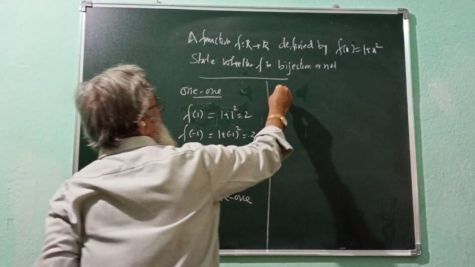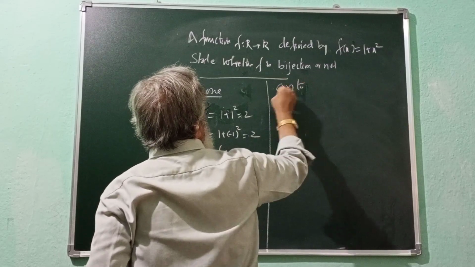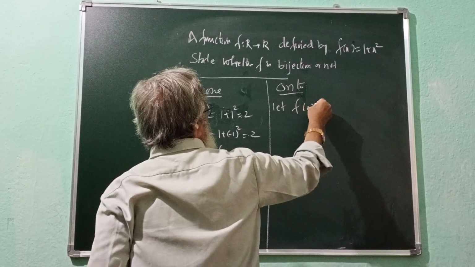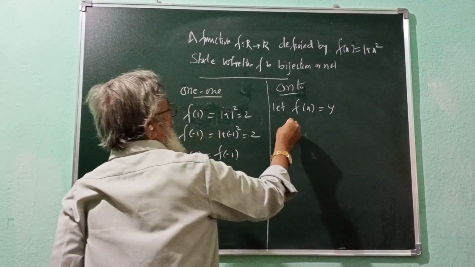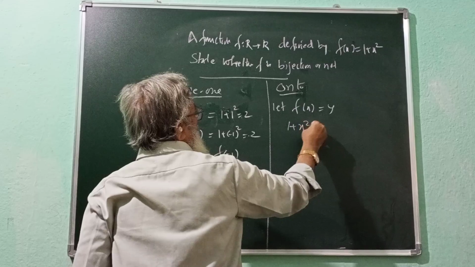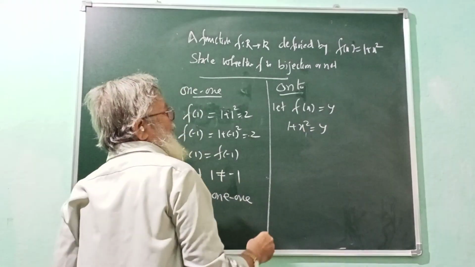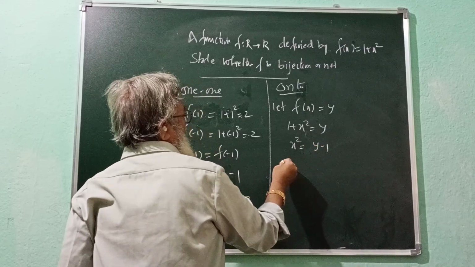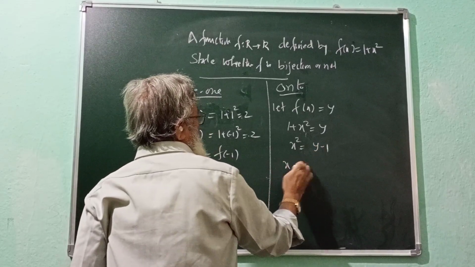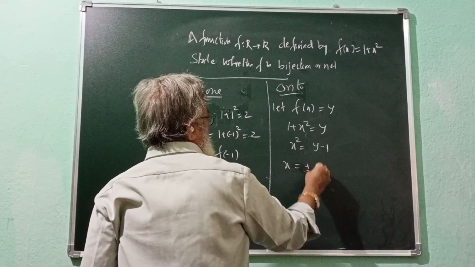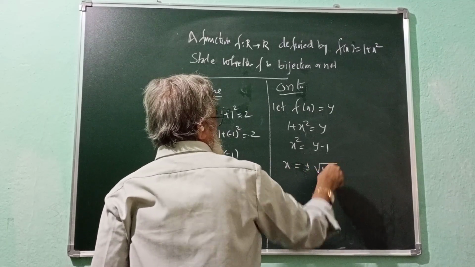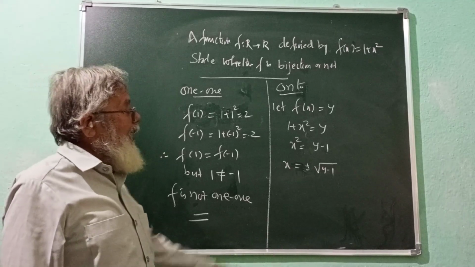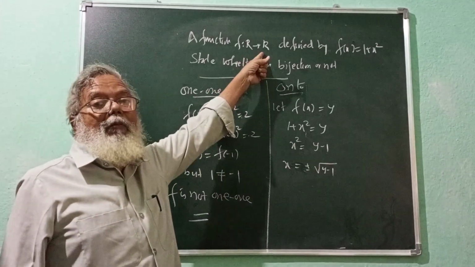Now for onto function, let f(x) = y. Now substitute the value of f(x): 1 + x² = y, or x² = y - 1, or x = ±√(y - 1). Now at this point we have to see whether, for any value of y, this belongs to the real numbers or not.